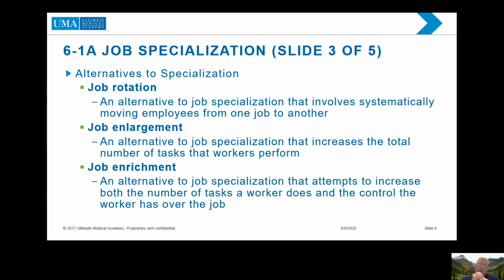Job rotation is pretty good in that employees are cross-trained and they can move from one job to another. Definitely job enrichment would be the way I would go, because it gives me as an employee control over what I do to an extent, but it also increases the number of tasks. So a combination of those is probably a good thing.